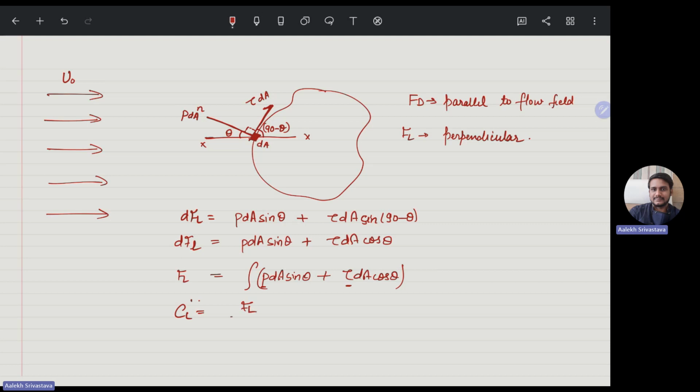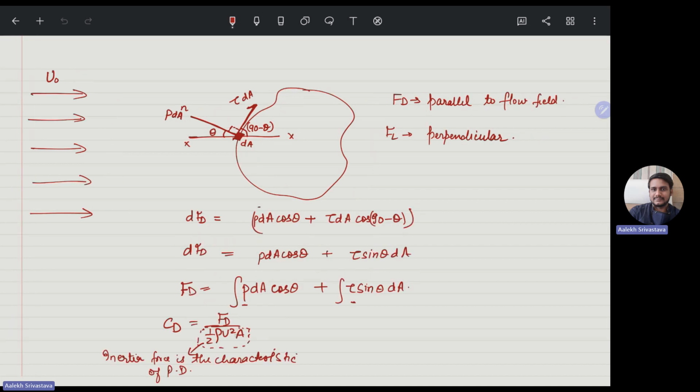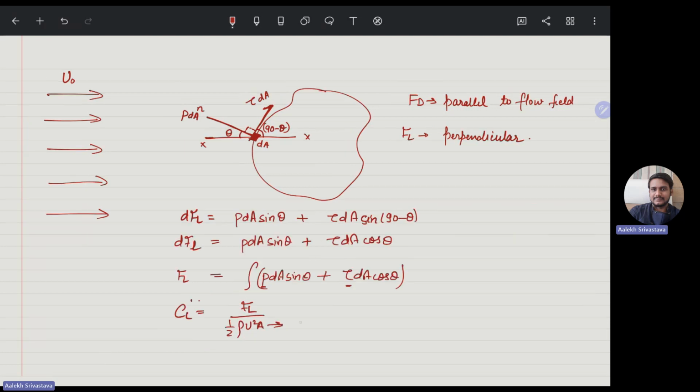Now there is the coefficient of lift, defined as FL divided by half rho u square A. And what is this A? This A is the projected area, not the total area. Suppose this is your body and the flow is happening: for drag force, the projected area is what you get on this side, and for lift force, the projected area is what you get on this surface.